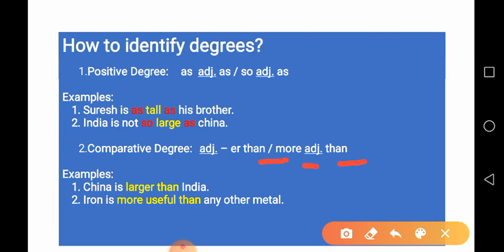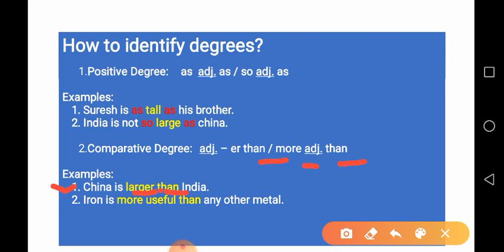So, let me explain it in detail with the examples given here. See the first example, China is larger than India. So, larger than. Here you can see in the positive it is large, but in the comparative it is larger. So, larger and than.